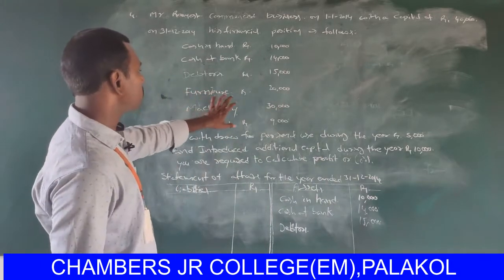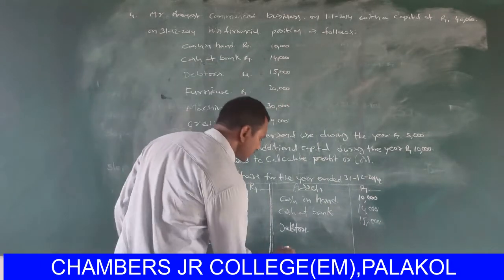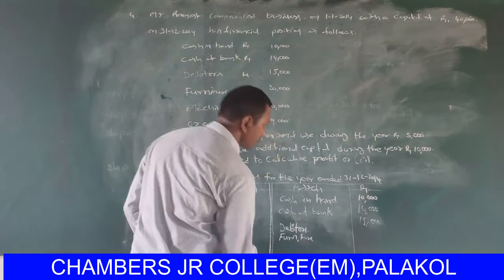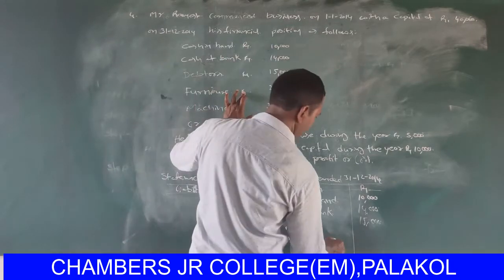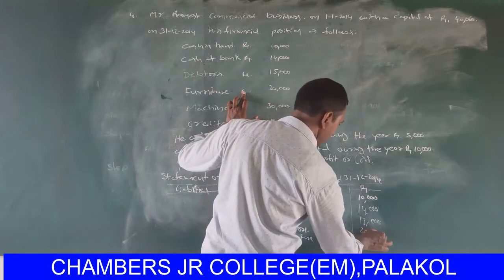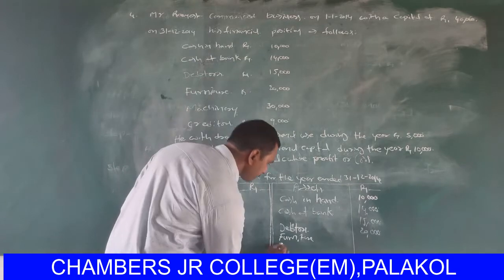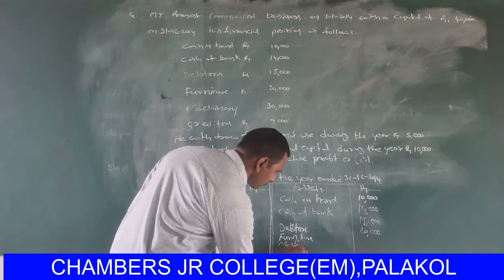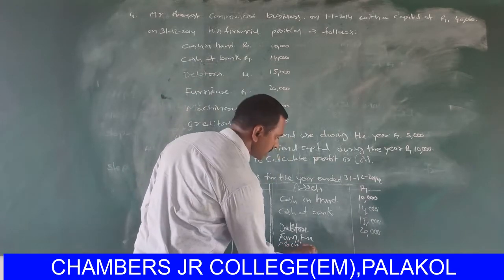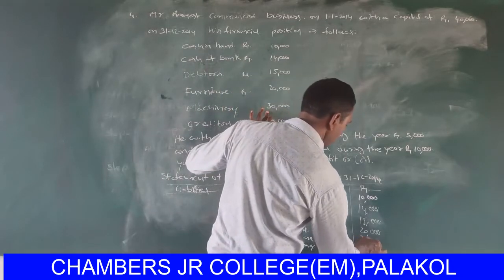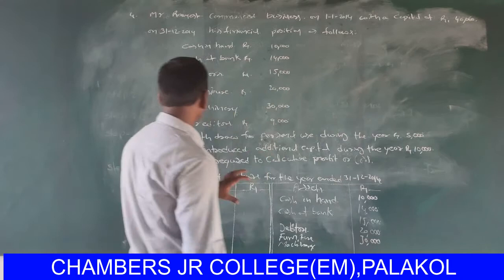Furniture is also an asset, taken into the asset side: rupees 20,000. Next one, machinery is also an asset: rupees 30,000.